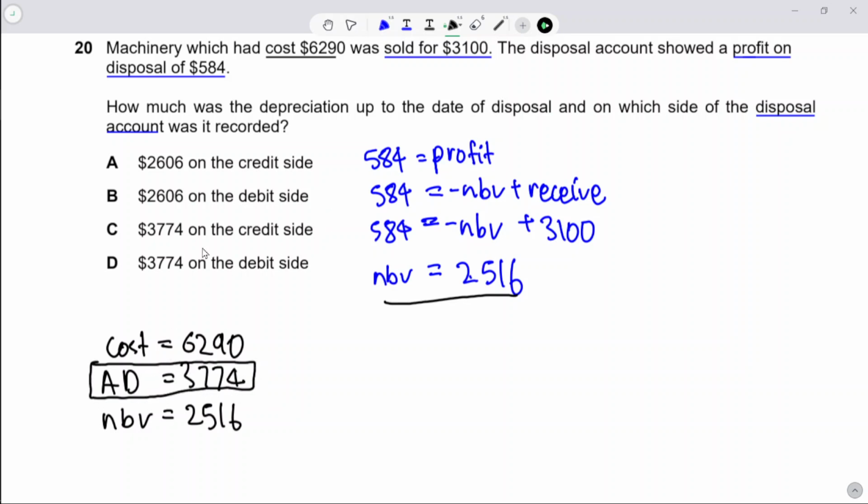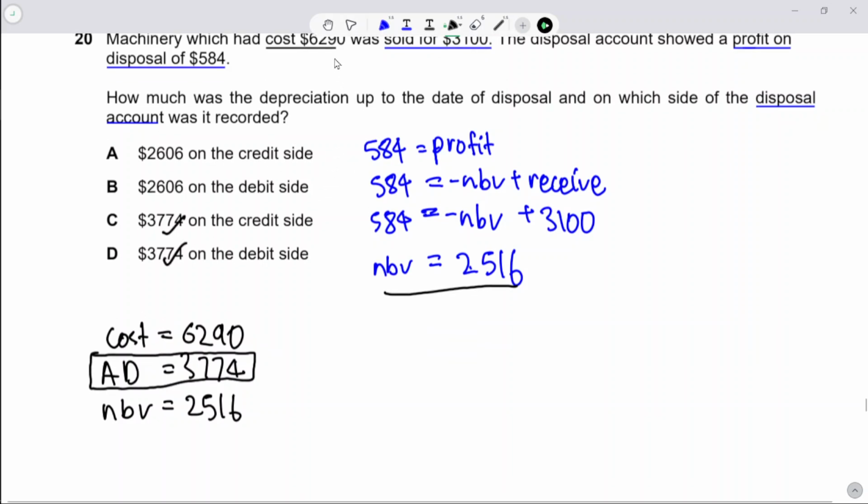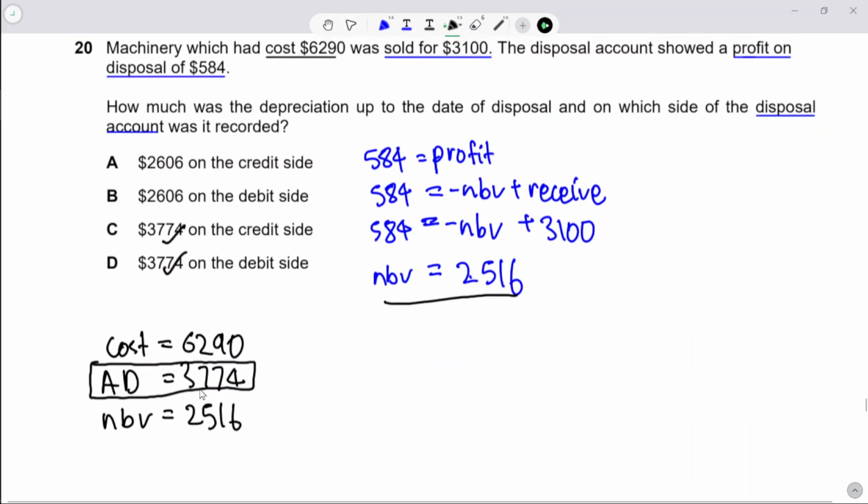Okay. So AD is also known as provision, right? Provision for depreciation.